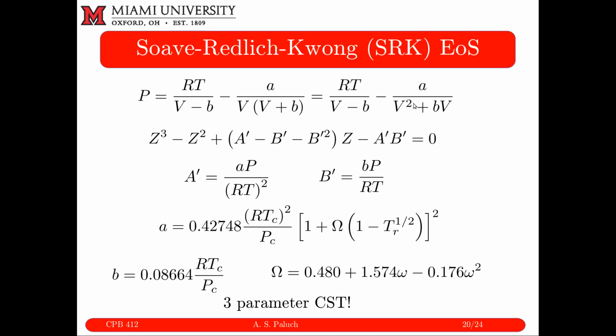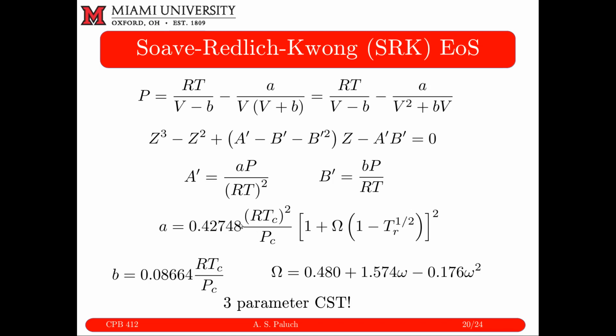We can take this expression and cast it in the form of a cubic equation. The same expressions for big A and big B exist relating to little a and little b. Only now, in terms of calculating A, B, and omega, we need a third expression, which is the definition of the eccentric factor.